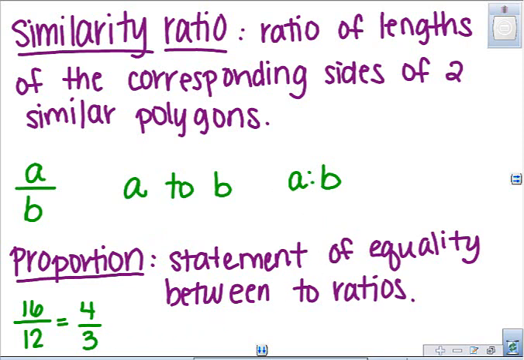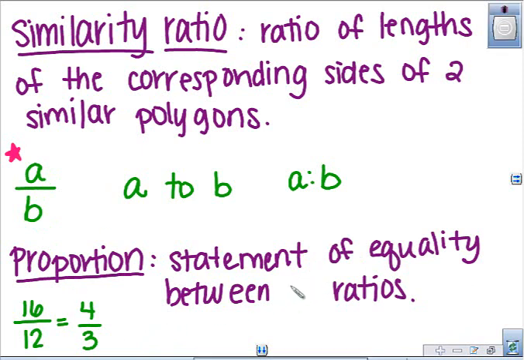You'll hear the word scale factor, and we'll talk about that more when we do dilations in another video. We're most often going to be writing our similarity ratio as a fraction. And remember, proportions, you've dealt with proportions before, is a statement of equality between two ratios, and that's misspelled.